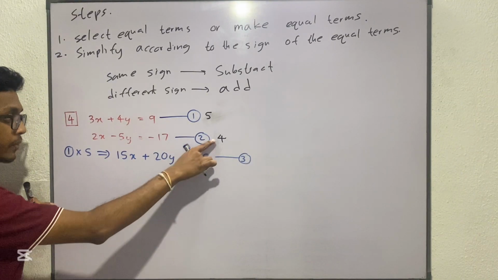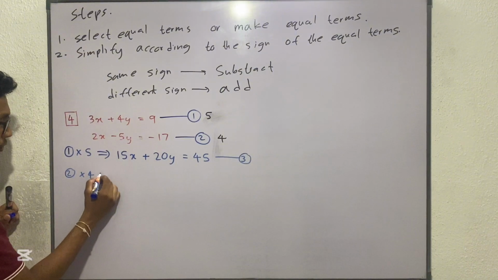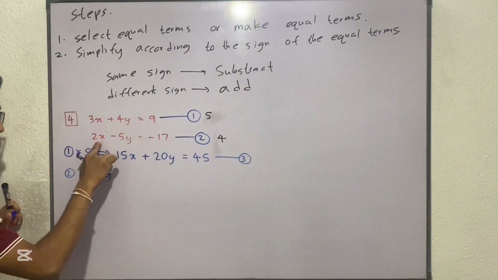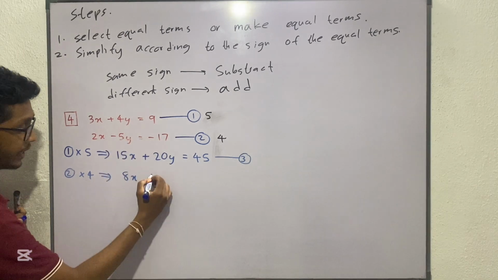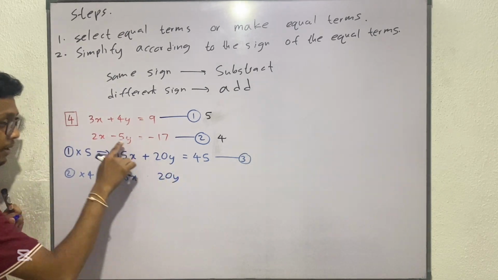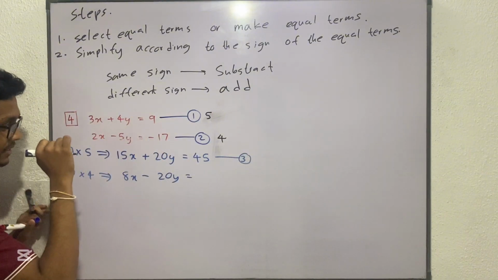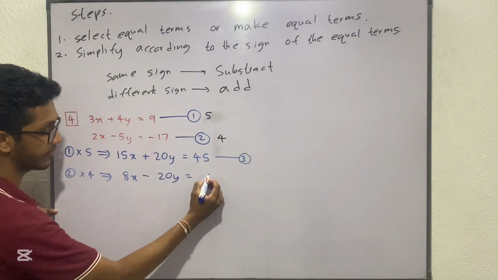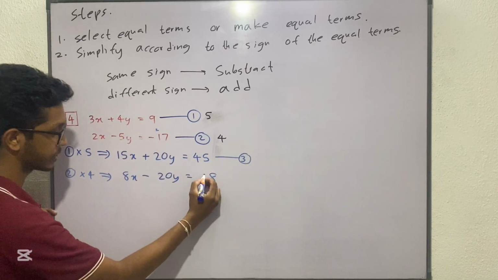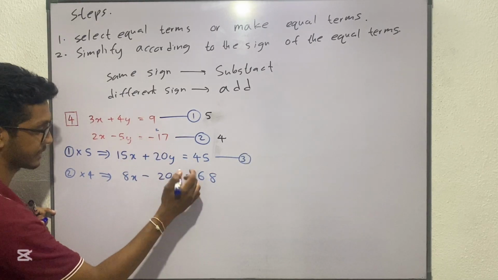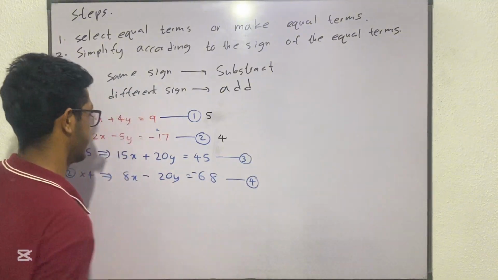Then the second equation I am going to multiply by 4. 4 times 2x, I get 8x. 4 times 5y, I get 20y. The sign is minus. 4 times 17: 4 times 7 is 28, 4 times 1 is 4, 4 plus 2 is 6, so 68, and that is minus. That is my fourth equation.